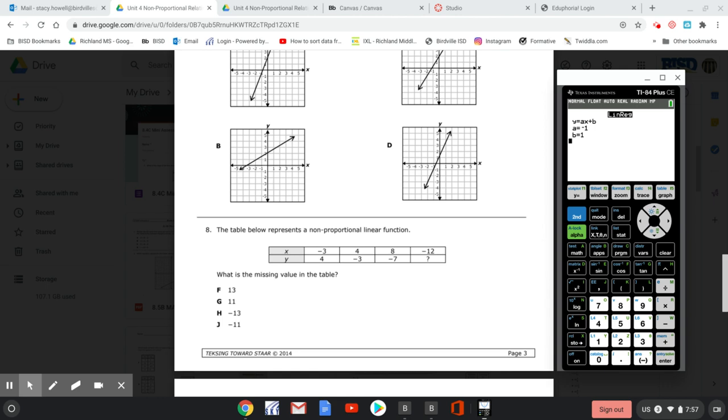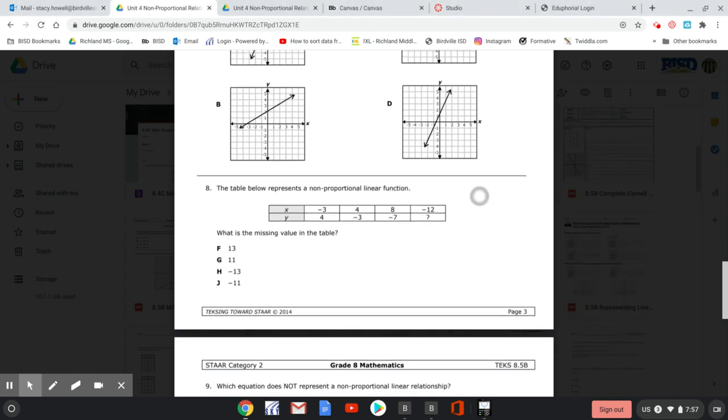So we can see that this goes up 4, -3, 4, 8, and 12, and then 4, -3, -7, and we're looking for what goes with the -12. And it should be positive, but let's check. So we know that the table is going to give us a y. Oh, I did do it right.